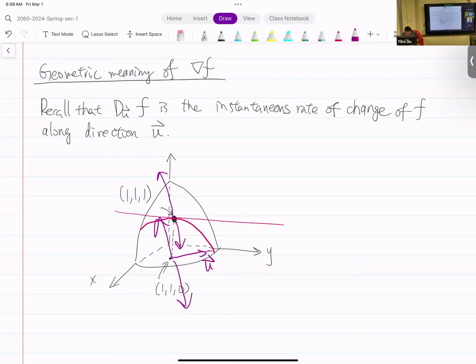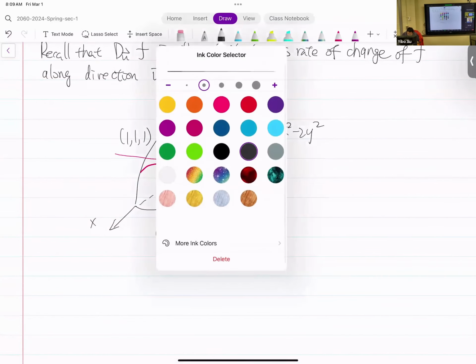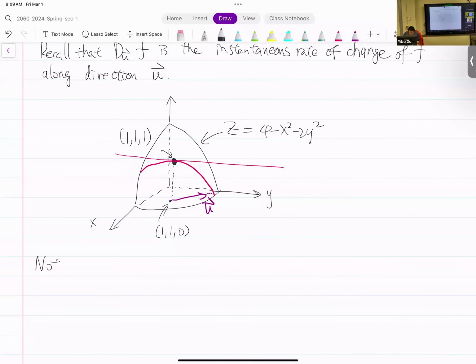That tells you something about the sign of the directional derivative that you get. Note, this is our surface, the function graph 4 minus x squared minus 2y squared. And then the instantaneous rate of change is the slope of the red line.